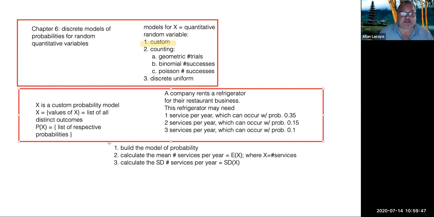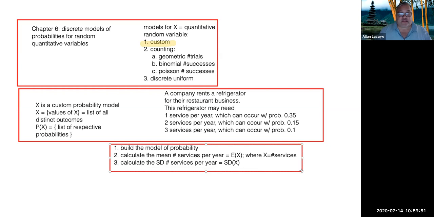And the kinds of questions that you will get when you have a model built are questions of this kind: build the model of probability, and then calculate the mean and the standard deviation. So to build a model, I'm going to simply build a table. So the answer to question number 1 here is right down there.